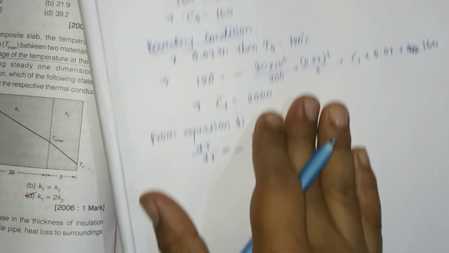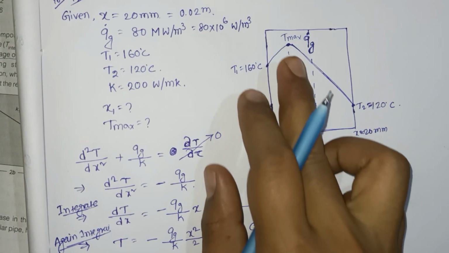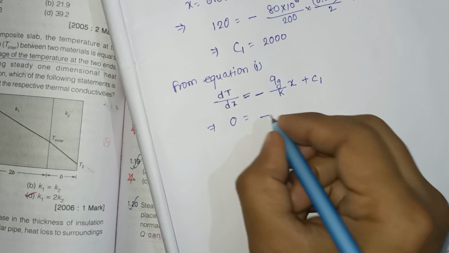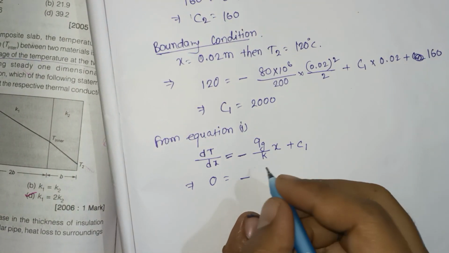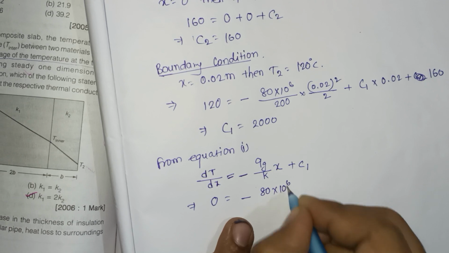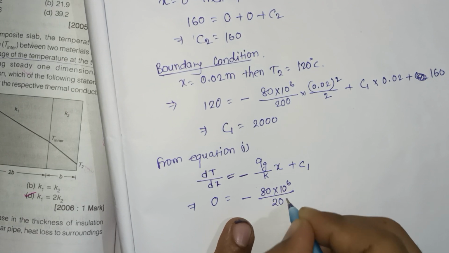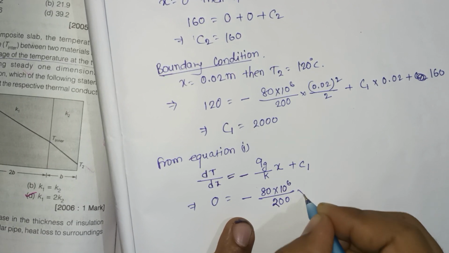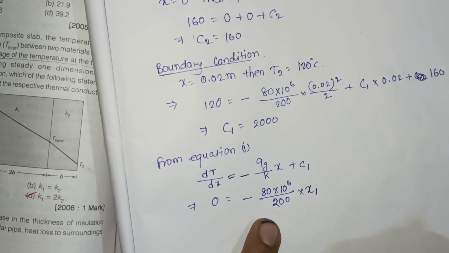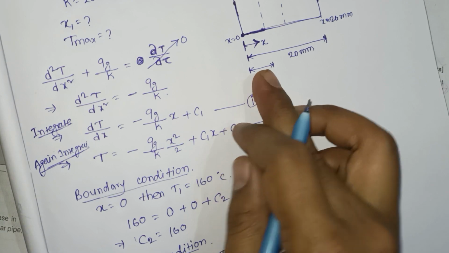When temperature is maximum, that means dt by dx is equal to 0. So 0 is equal to minus qg by k. What is the value of qg? That is 80 into 10 to the power 6 by k, that is 200, into x. You have to find out this x value, that means x1.